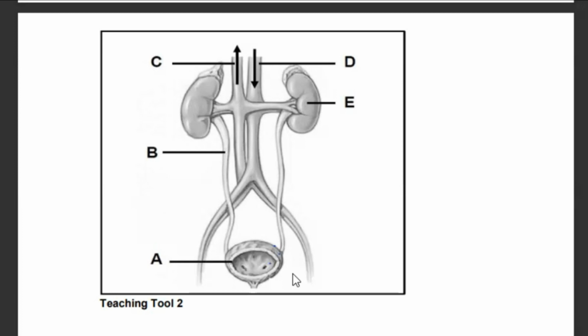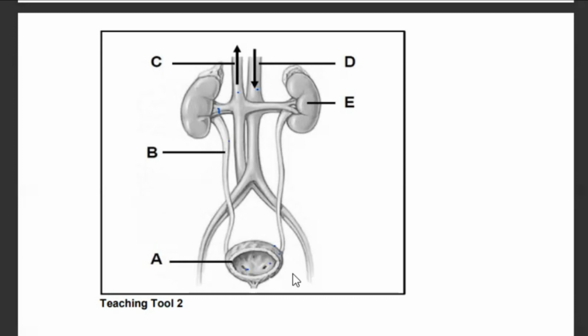And then what is number 2? It comes from here and goes down to the bladder. Therefore, it is the ureter. We talked about it. Then this one is taking blood away, so it is the inferior vena cava, while this one is the aorta. And then this one is the kidney.